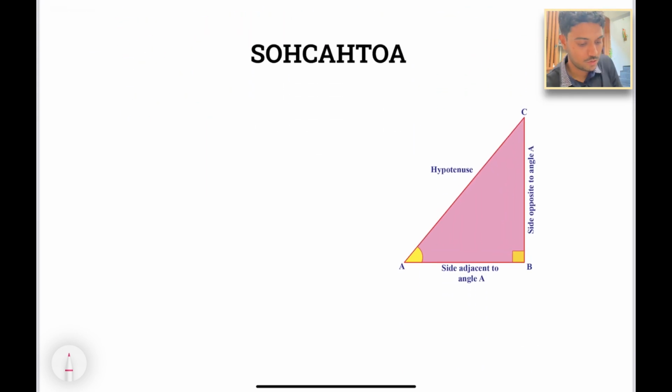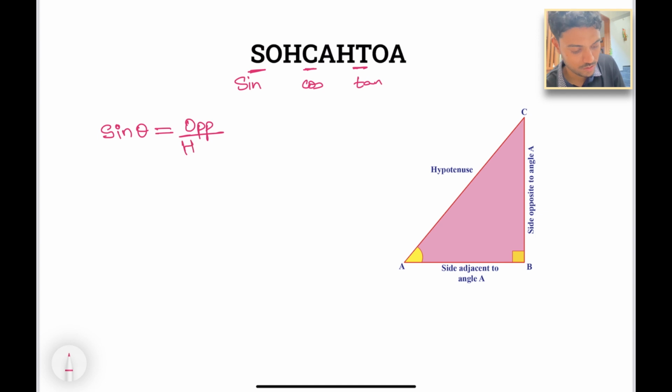SOHCAHTOA. This S, C, and T stand for sine, cos, and tan. So what are trigonometric ratios? Trigonometric ratios are three different ratios: sine theta, cos theta, and tan theta. Sine theta is the ratio of opposite upon hypotenuse.